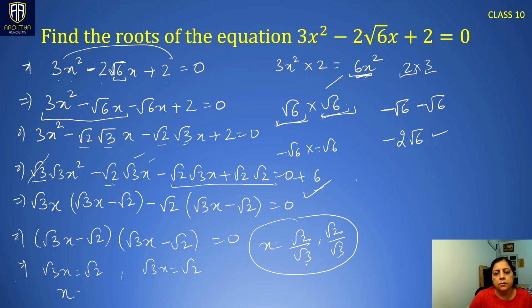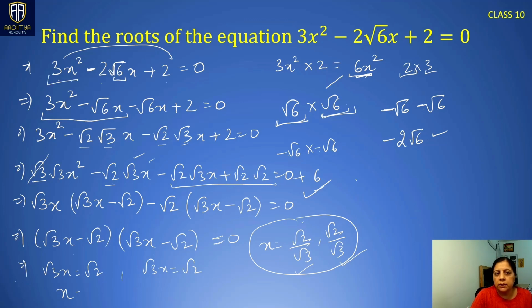Right? This is the factorization on the left hand side, and after equating it to 0, we have equated both the factors to 0 to get the values of x, and both the factors are same. A very important thing is that in this case both the factors are same, but generally children write it only once if they get the same factor, which is wrong.